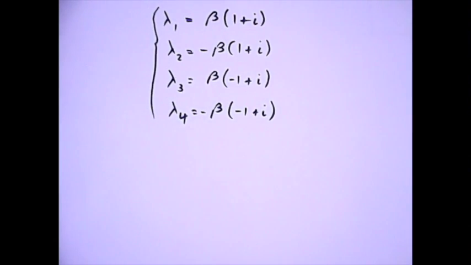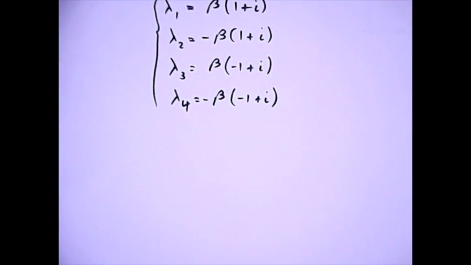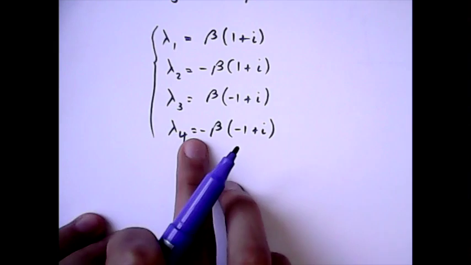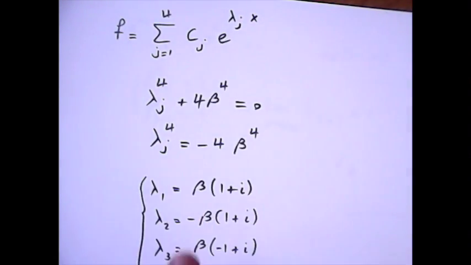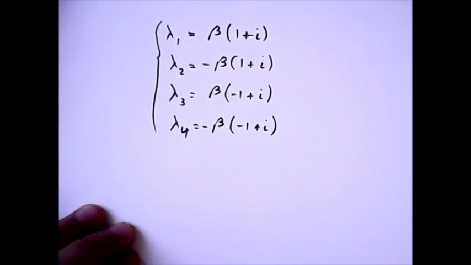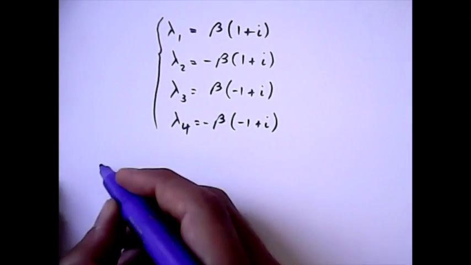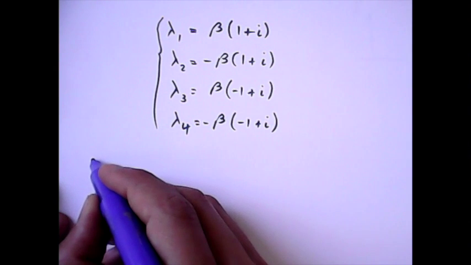Okay, so now what I'm going to do is to put these lambdas into this form of the equation that we guessed. Okay, here, just inserting it right away. So let me write out everything. Let me start from here.